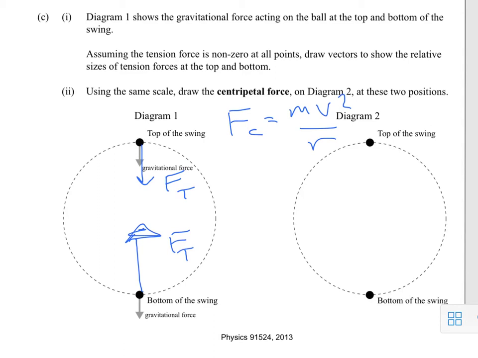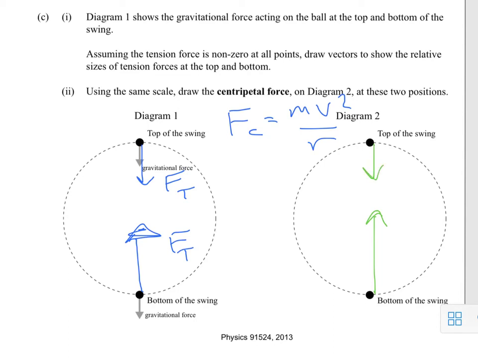Using the same scale, so that's a clue about the size of your forces, you have to draw the centripetal force on diagram 2 at these two positions. I've just described all of that, but you should have quite a good size centripetal force there compared to there.